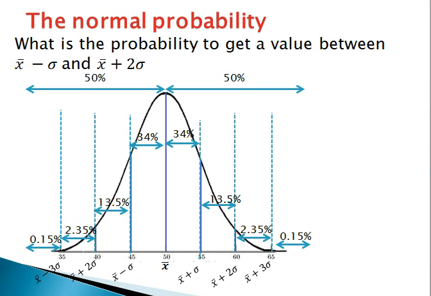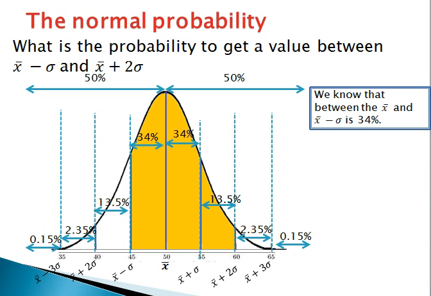All right, so now what we're going to do is figure out what the probability is to get a value between the mean minus a standard deviation and the mean plus 2 standard deviations. All right, you might be able to see it, but I'm just going to walk you through it. So this is the area that we're looking at. The area where you have 1 standard deviation below up until 2 standard deviations above the mean.